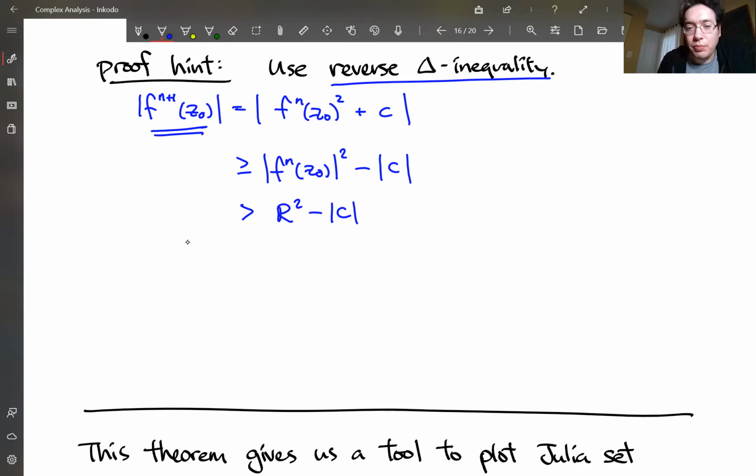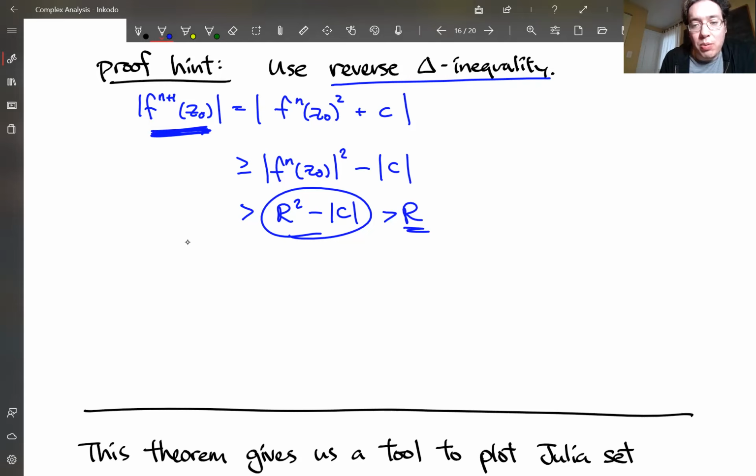So we have this expression, and we want to show that this expression itself is greater than r, because this is now the n plus first step and we want that to be greater than r as well.